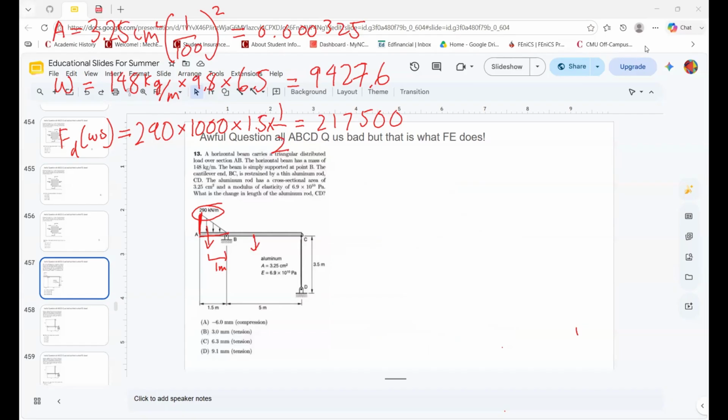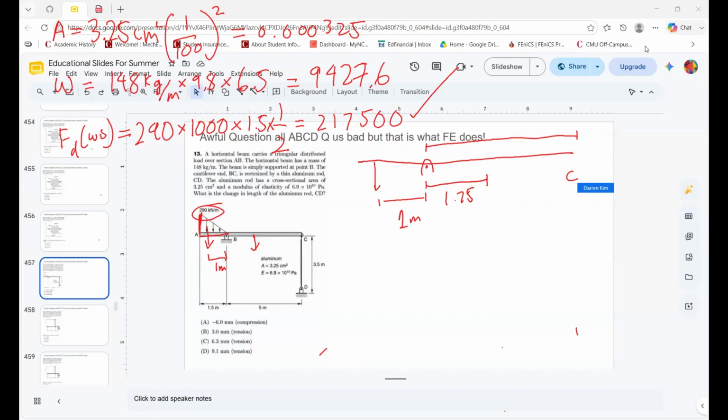In this equation, the moment belongs about here. Let's erase it. This is about 1 meter, like this. And that is the triangle version, which is this over here. This will be about 1.75, and this will be where C is. I'm assuming the C is over here, which I hope I get something.